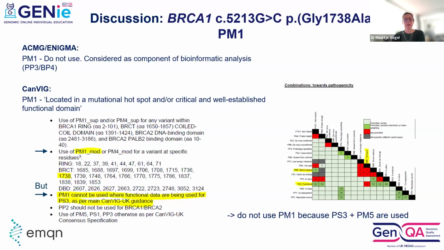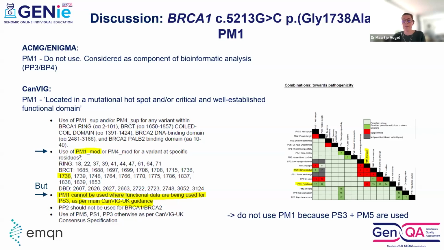But if you read a bit further, you see it's stated that PM1 cannot be combined with code PS3. So PS3 is the functional data code. And there's also another place where you can find this, and that is at the end of the general CAMFIG guideline.